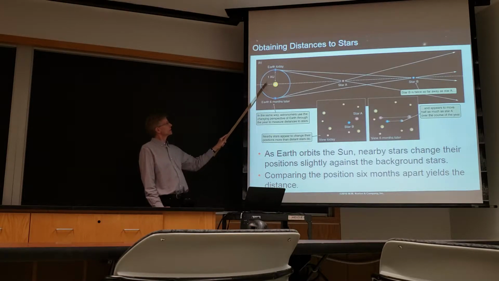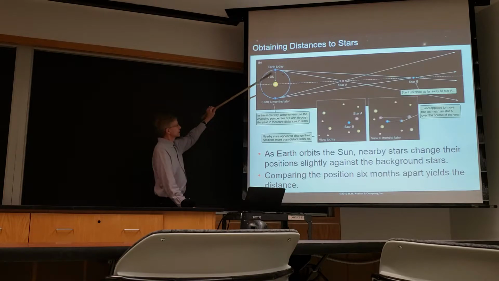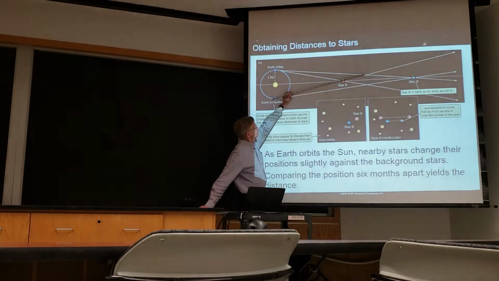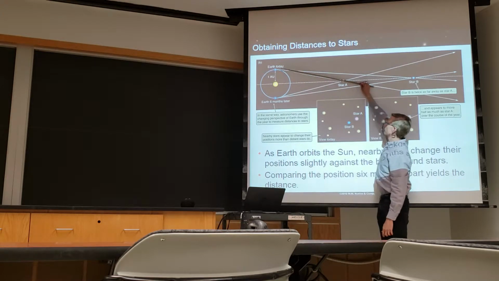So in other words, here's Earth today, and 6 months from now, here's Earth halfway around its orbit, and the idea then is that for stars that are near enough to us, we can actually measure the difference in perspective to that star from different points in Earth's orbit.